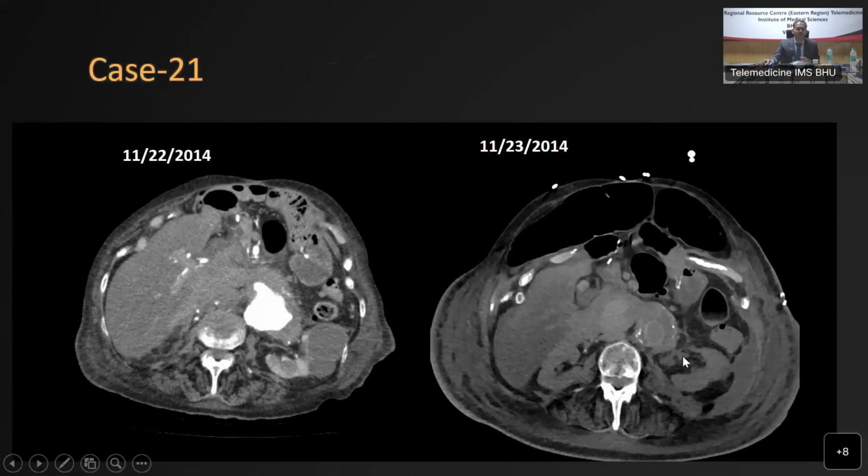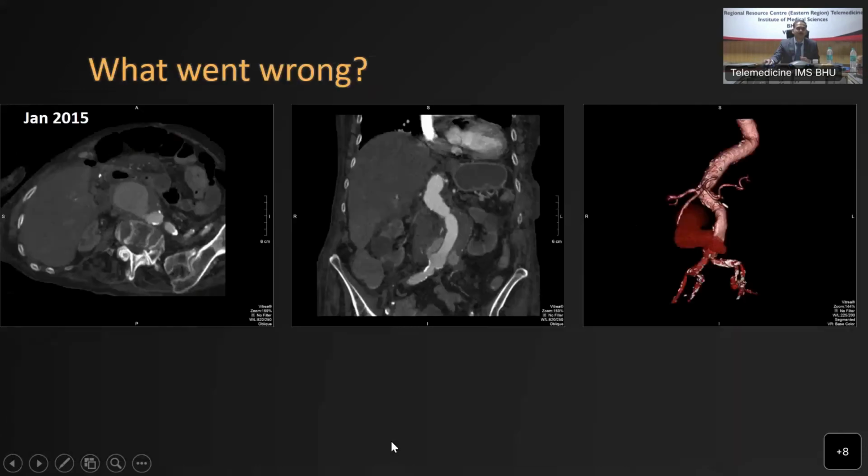fistulas. Post-operatively, you can see hyperdense walls, as I showed before. But this patient presented a little bit later again with focal outpouching here. Now know that the systolic blood pressure of our body is not enough to poke holes in the synthetic graft. So if the graft gives up, it's going to give up in the proximal end or it's going to give up in the distal end.